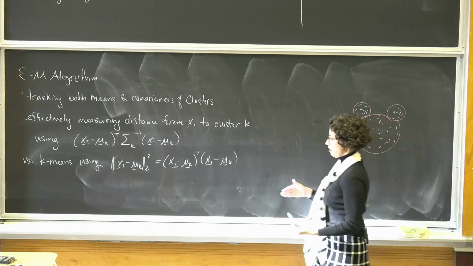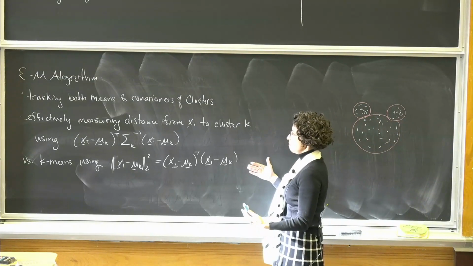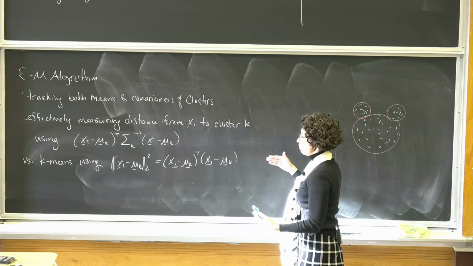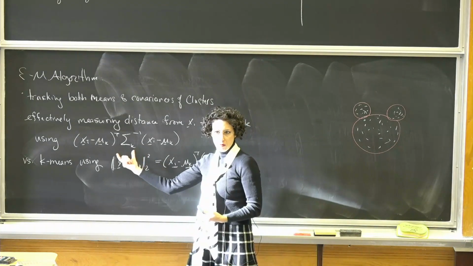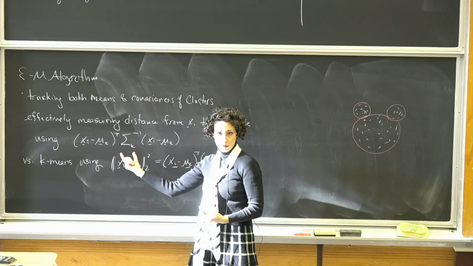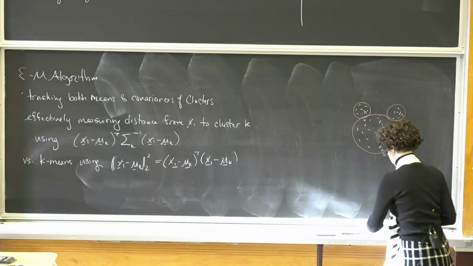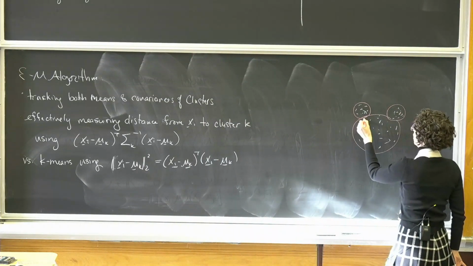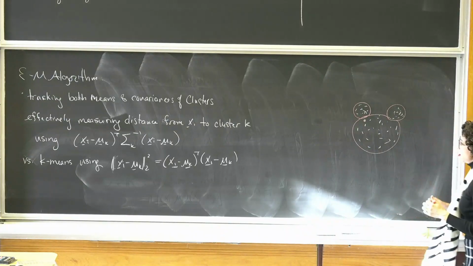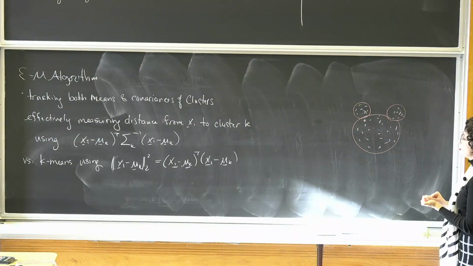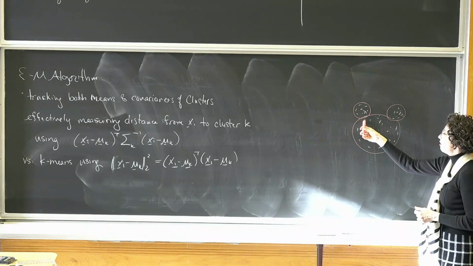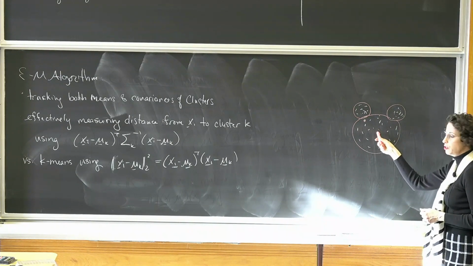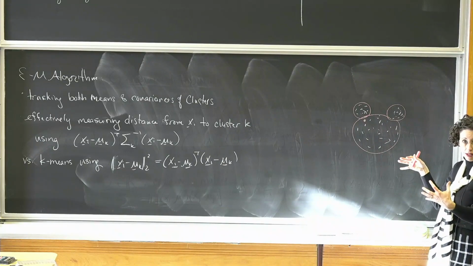But with the EM algorithm, we're effectively measuring the distance from each point to a cluster in a way that's modulated by this covariance matrix. So if we look at the same point and think about which of these three Gaussians is responsible for it, there's some non-trivial responsibility coming from this center Gaussian because it's got a big covariance.